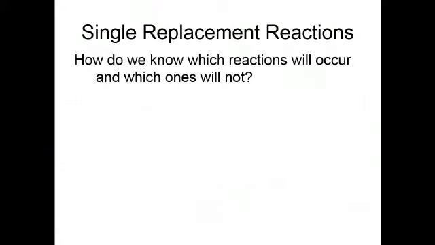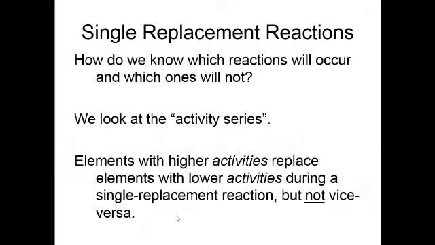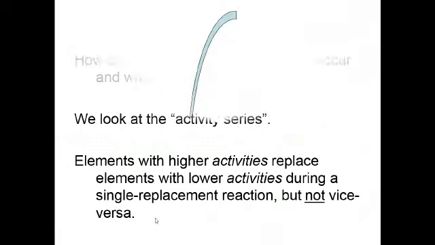How do we know which reactions will occur and which ones will not? We look at the activity series. Elements with higher activity replace elements with lower activity during a single replacement reaction, but not vice versa.